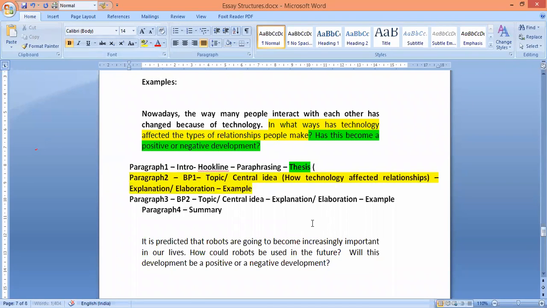For this question, they've asked in what ways has technology affected the types of relationships, so we should write two ways, like how it is affecting. Yes, you can write two ways. Sir, we need two ideas.